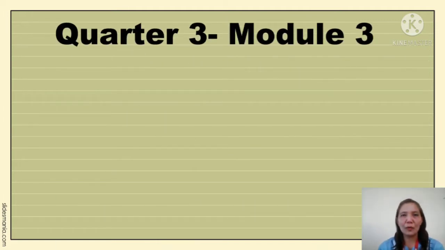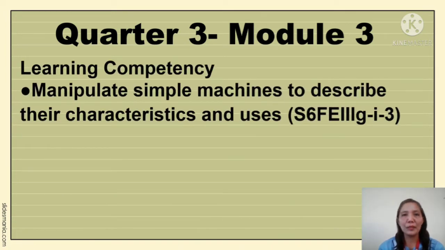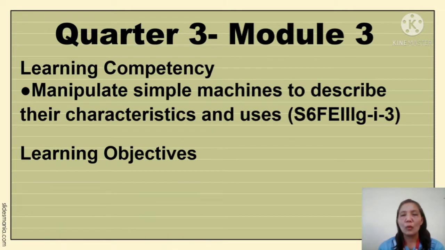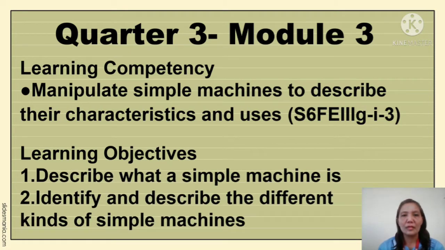Our lesson is found in quarter 3, module 3, with learning competency of manipulate simple machines to describe their characteristics and uses, with a code of S6FEIIG-I-3, with learning objectives of number 1, describe what a simple machine is, and number 2, identify and describe the different kinds of simple machine.